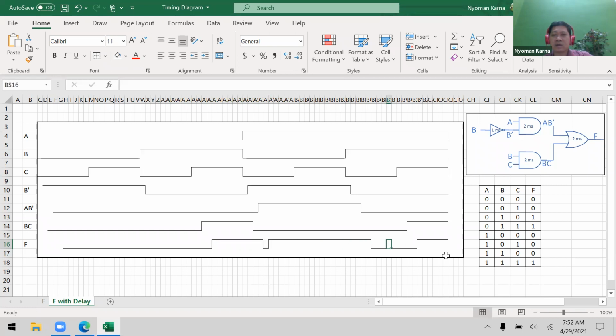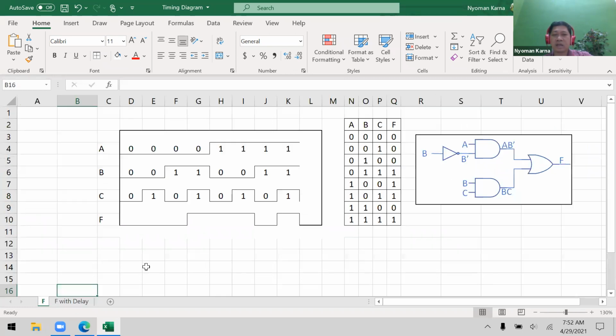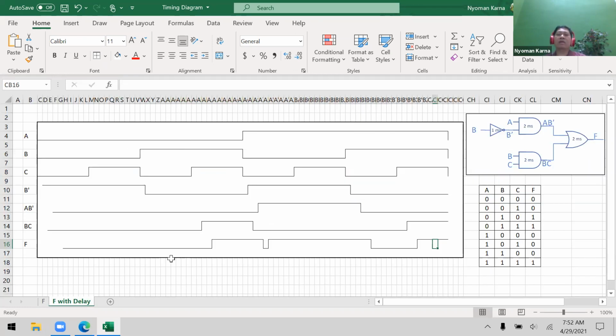And then there is 0 and also 1, just like the ideal version, 0 and then 1. Okay, so if we include the delay from the logic gate, we can create a glitch. For example, like this. Okay.